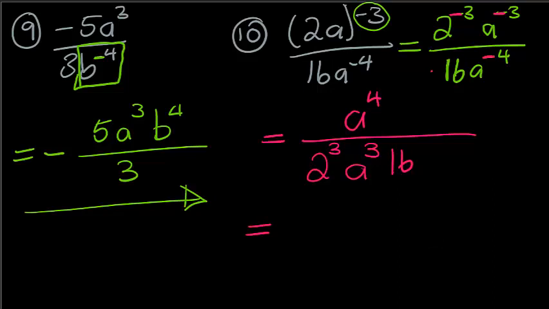So let's simplify. If I rewrite 2 cubed, it becomes the number 8. So I've got 8 times 16 at the bottom, and then I have a4 on the top, a3 at the bottom.